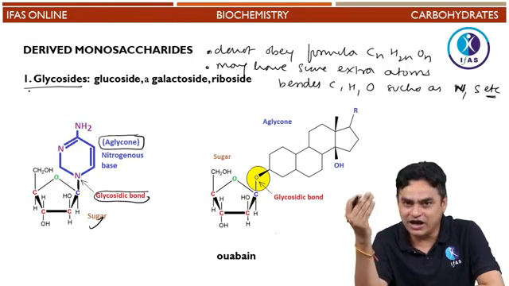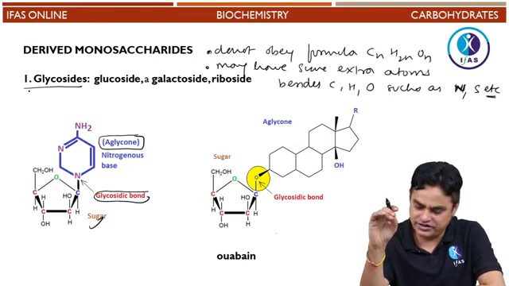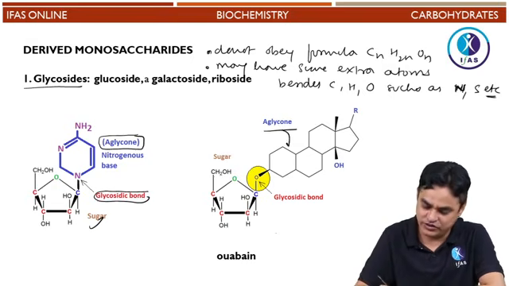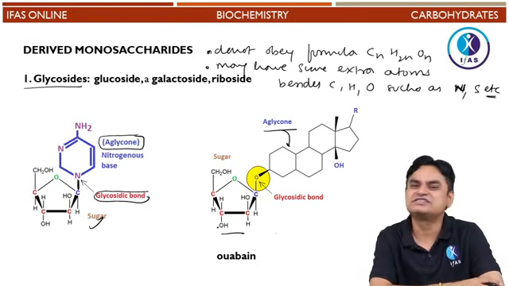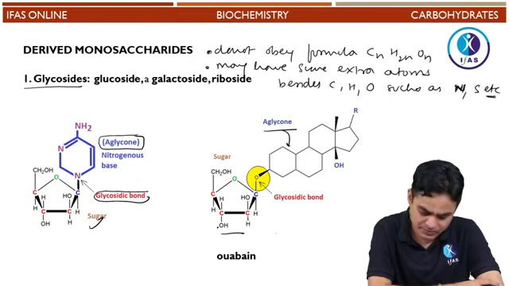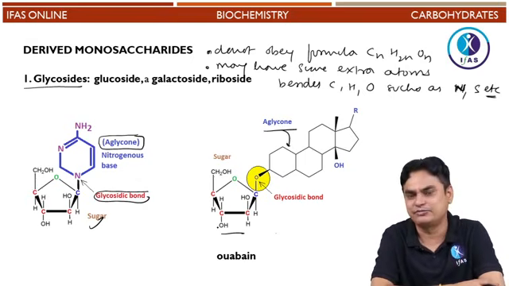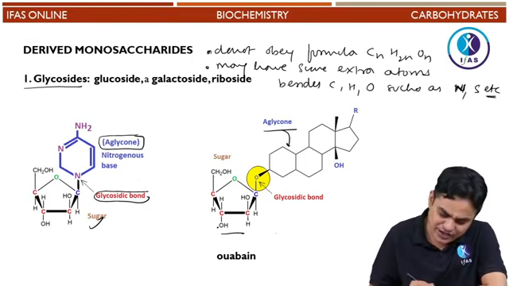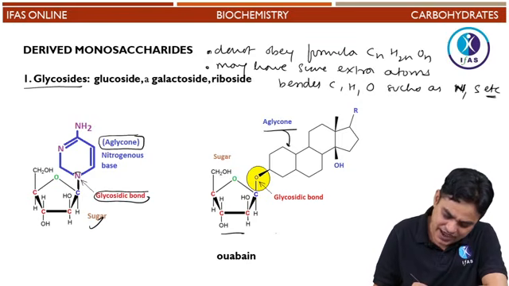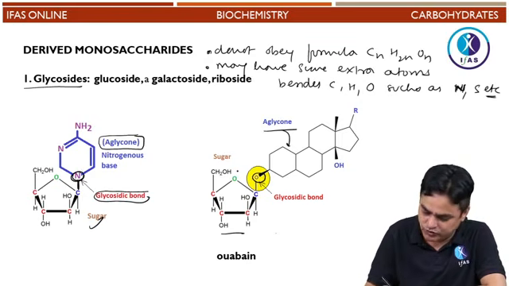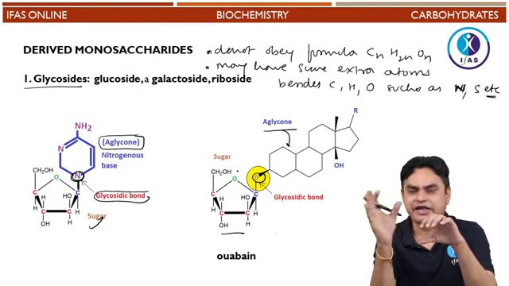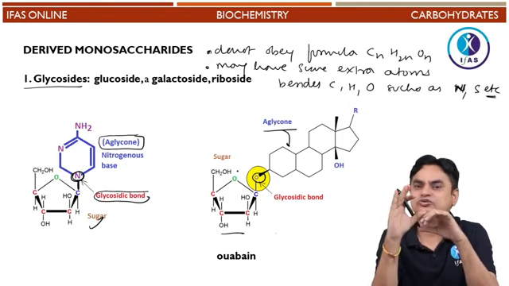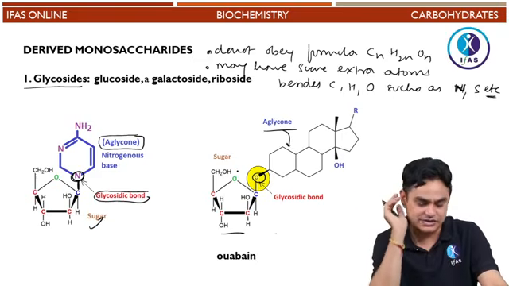It could be a steroid with a sugar, referred to as a steroid glycoside, and so on. The bond which is formed is referred to as a glycosidic bond. A glycosidic bond could be an N-glycosidic bond, or an O-glycosidic bond. So sugars having some non-sugar moiety added would be referred to as glycosides.